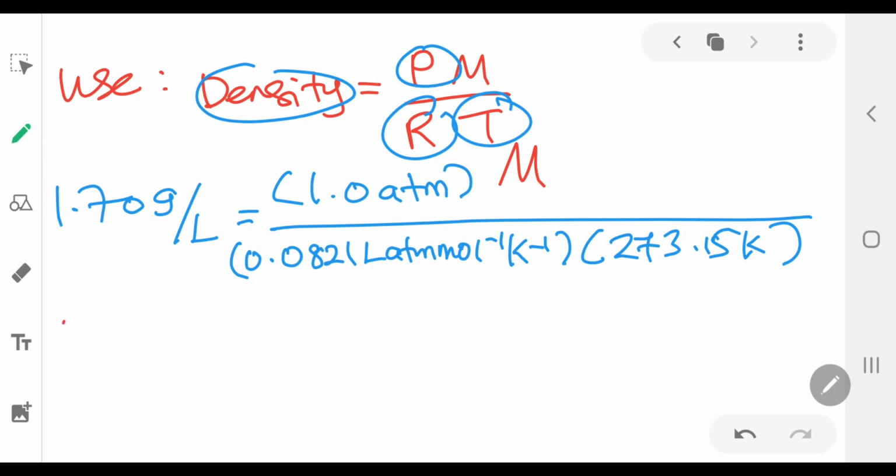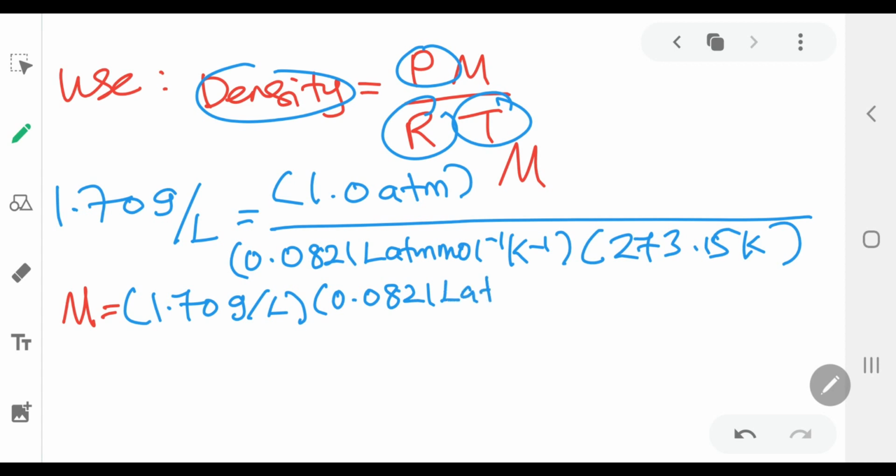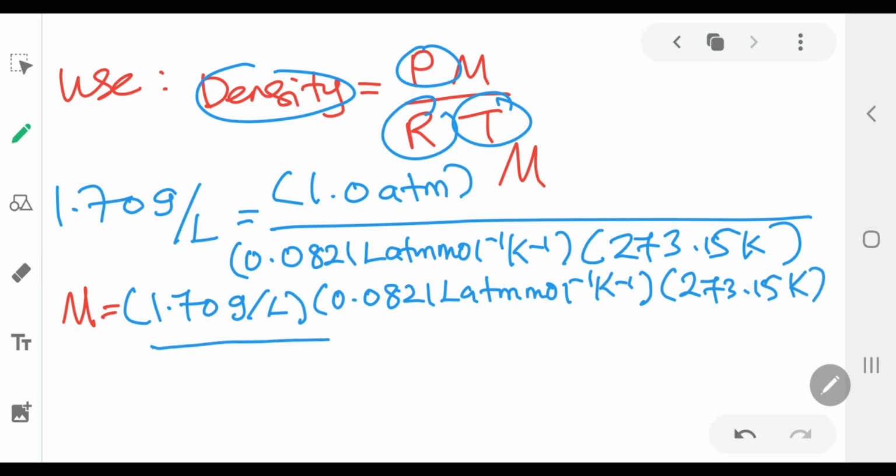So when you rearrange everything, you will get something like 1.70 gram per liter times 0.0821 liter atm per mole per Kelvin, and we have 273.15 Kelvin divided by 1 atm.